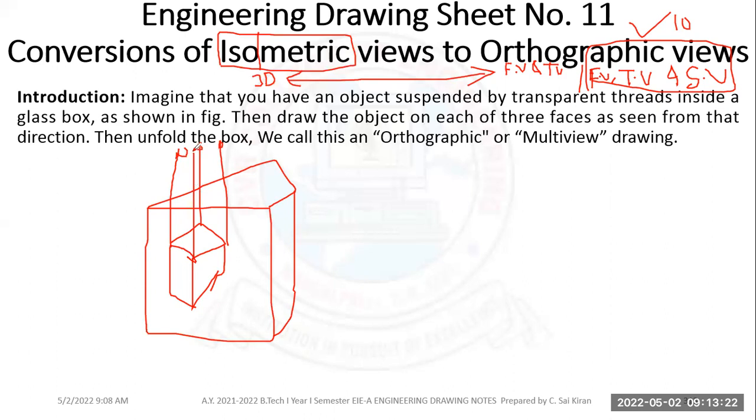What are the views you are seeing? This is my X or front view, and this is my Y or side view. You need to know what is meant by front view, top view and side view. If you are looking from here inside the glass box, this is your top view.